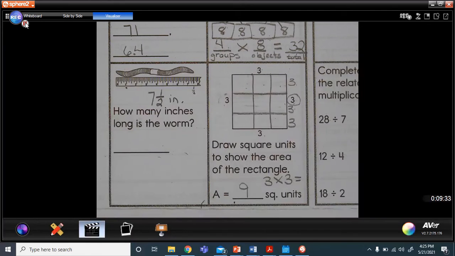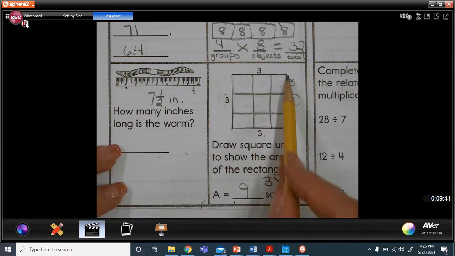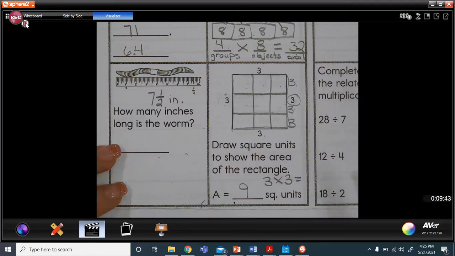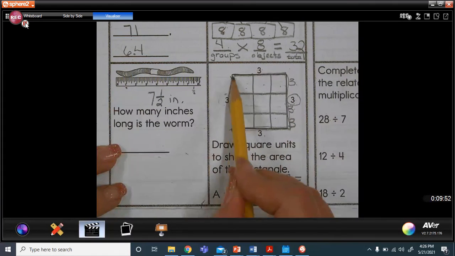Now, for your discussion today, I'm going to have you tell me the perimeter, or the length of the sides, of this square. You're using what you know about the length of each side to tell me the length of all the lines.